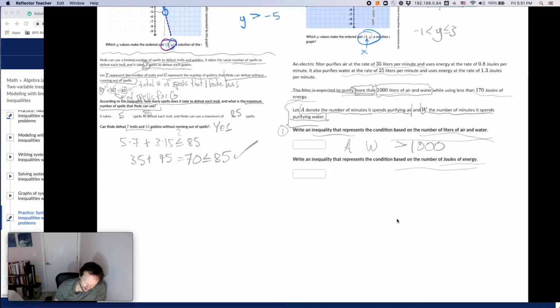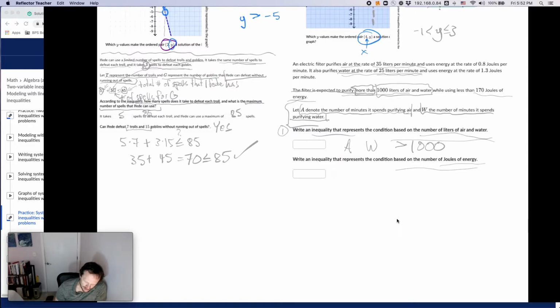Okay, well, let's figure out what the A's and W's are. A is the number of minutes it spends purifying air. W is the number of minutes it spends purifying water. 35 liters per minute for air, and 25 liters per minute for water.